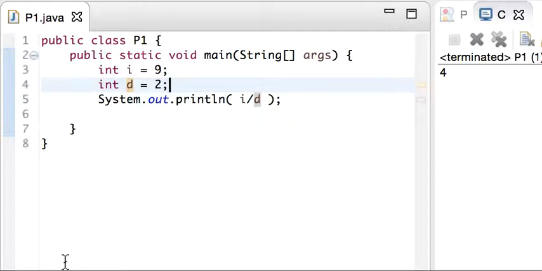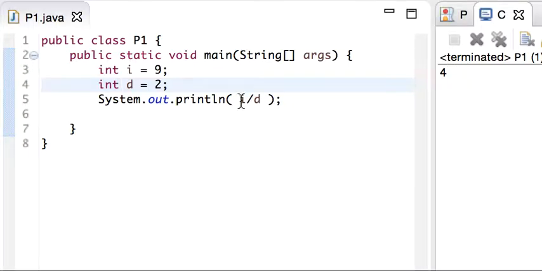Let me make this double again. Actually, if this is an integer, integer divided by integer is an integer, which is 4.